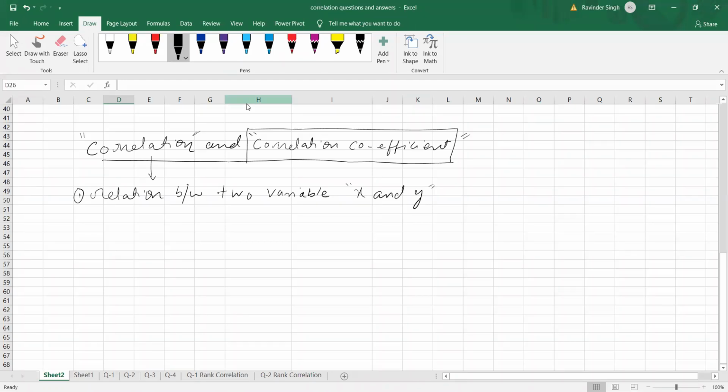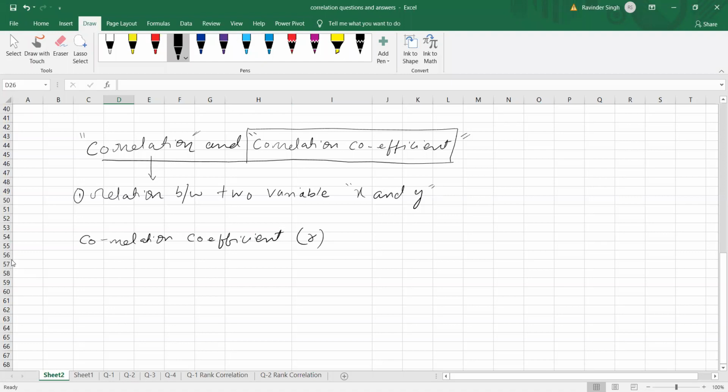So correlation is just to find the relation between any two variables x and y, and the correlation coefficient is more important here. We represent the correlation coefficient with small r.